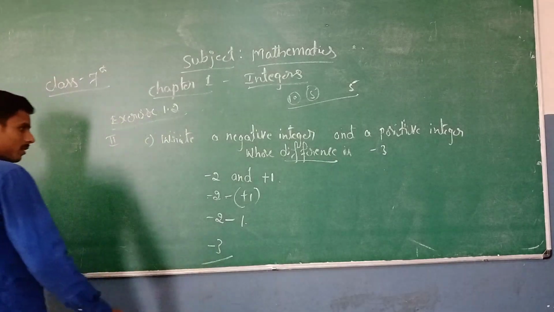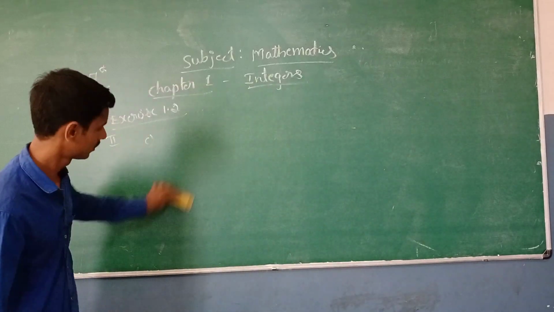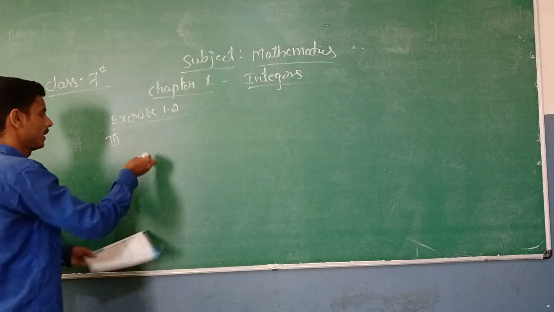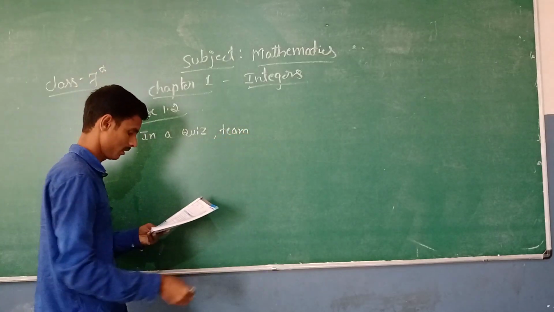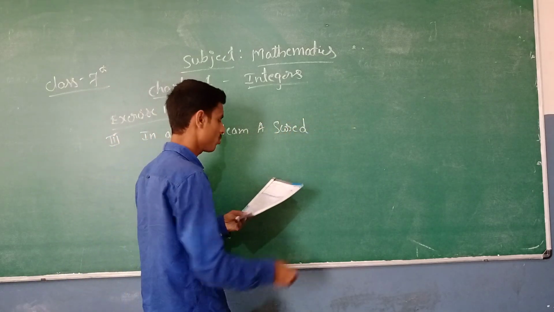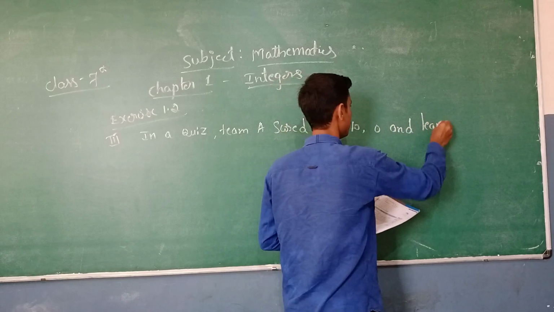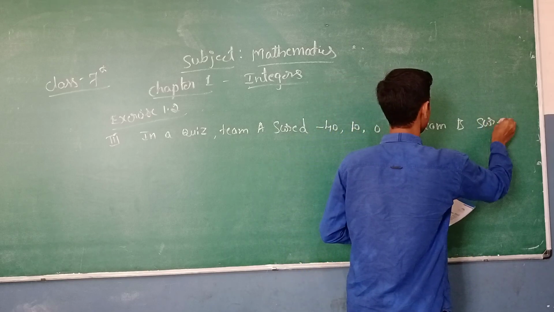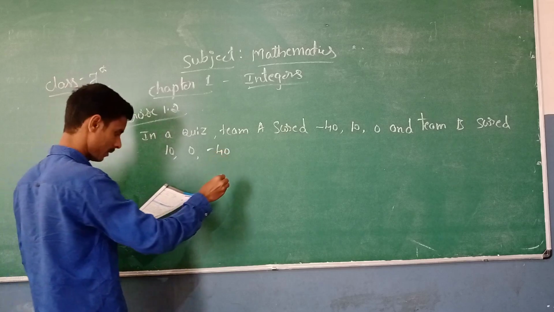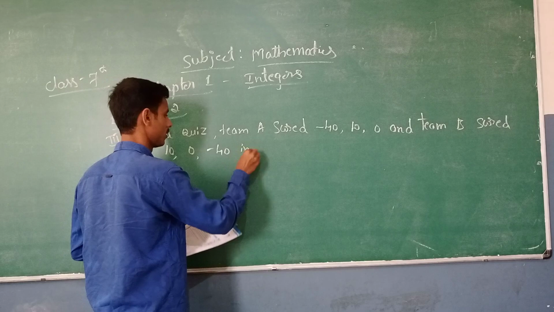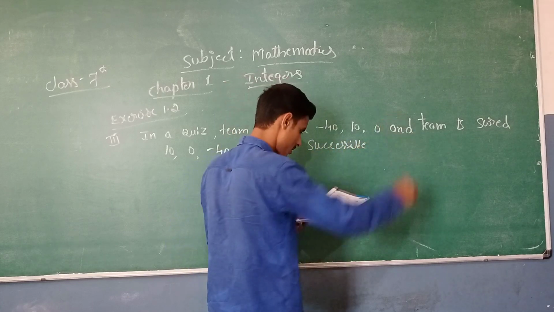Next, third one. In a quiz team, team A scored minus 40 comma 10 comma 0 and team B scored 10 comma 0 comma minus 40 in 3 successive rounds.